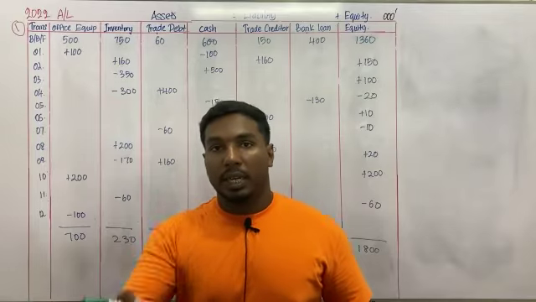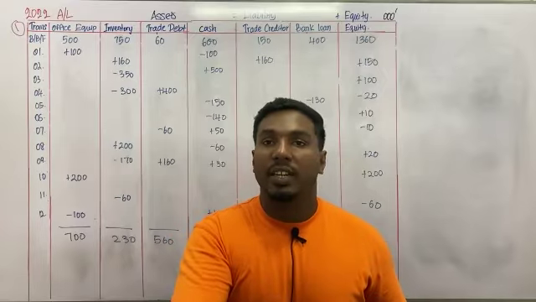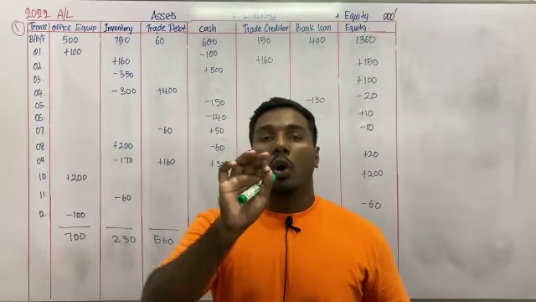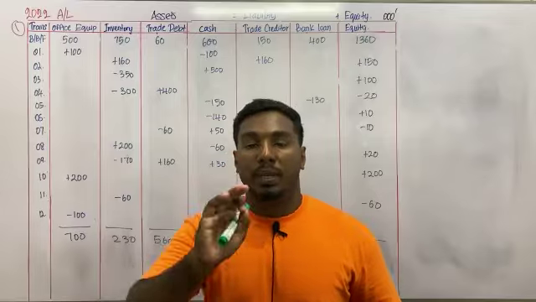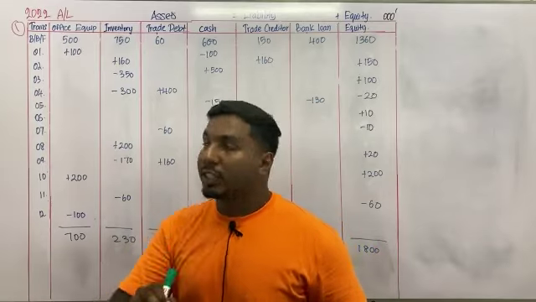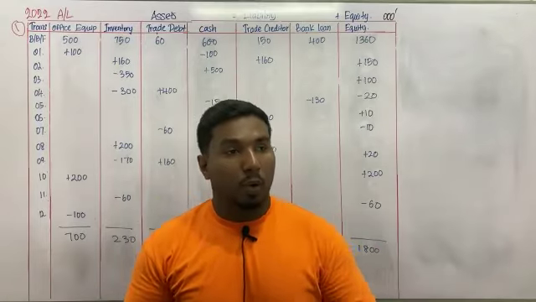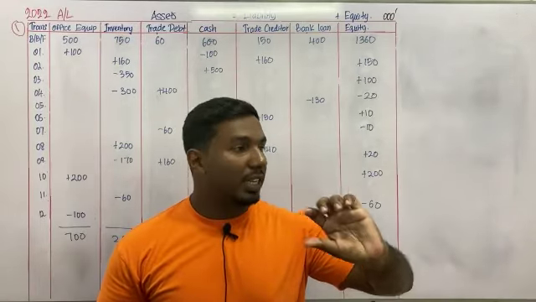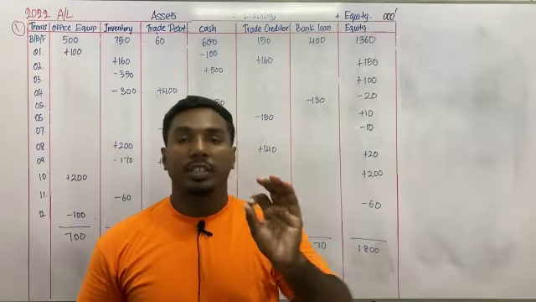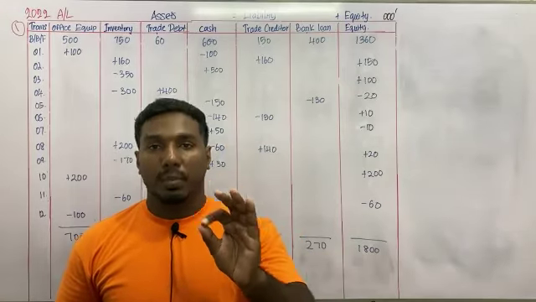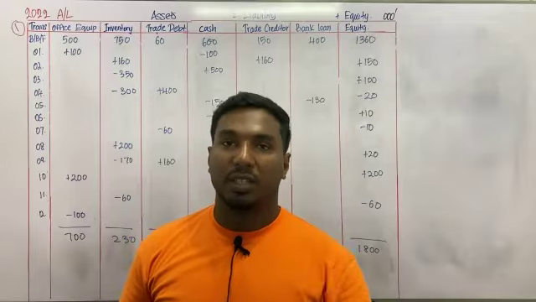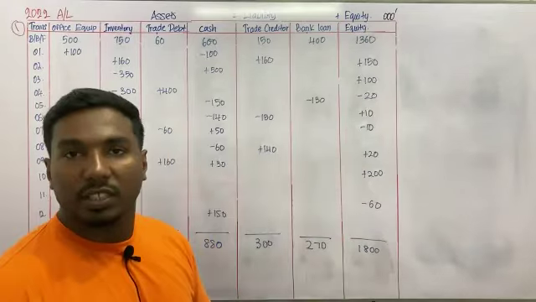Office equipment increasing, cash decreasing, which means office equipment purchased by cash rupees 100,000. You have to mention the transaction as well as the amount. Office equipment purchased by cash rupees 100,000. This is the answer for the transaction number 1.